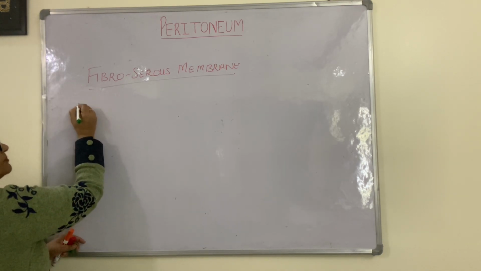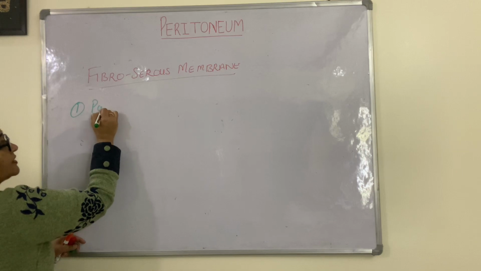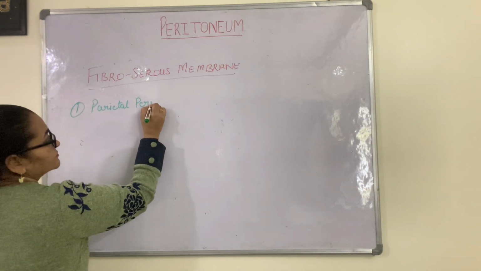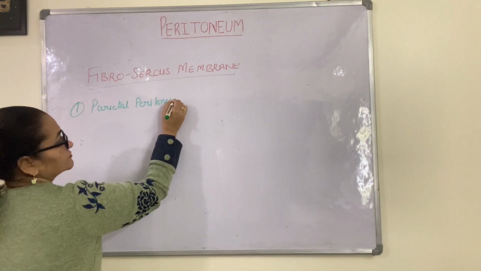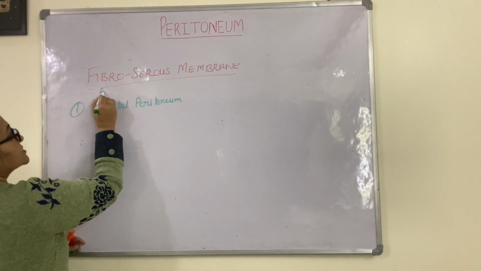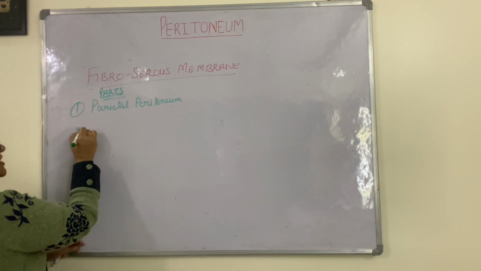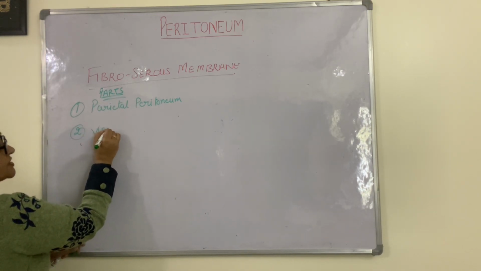So what are the different parts? First is the parietal peritoneum. Then second is the visceral peritoneum.